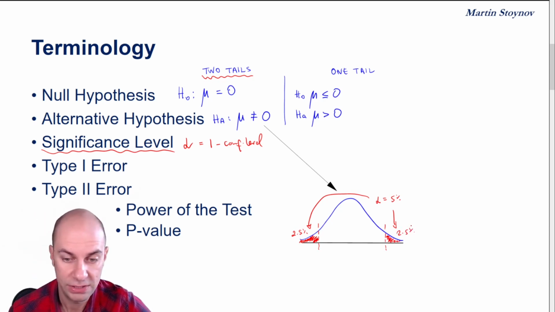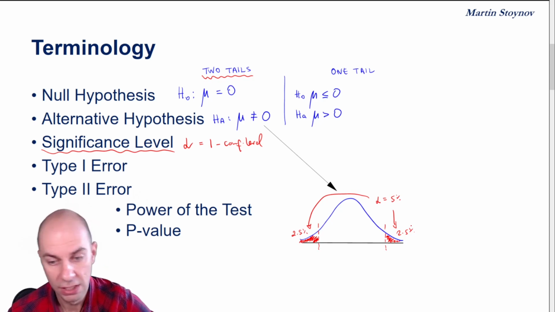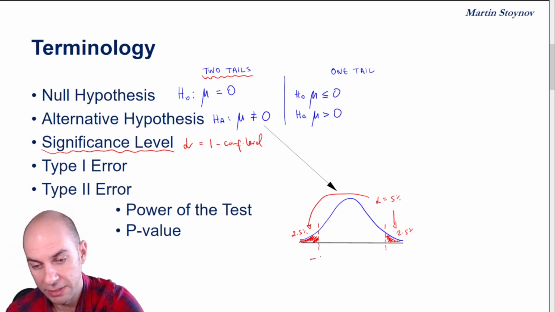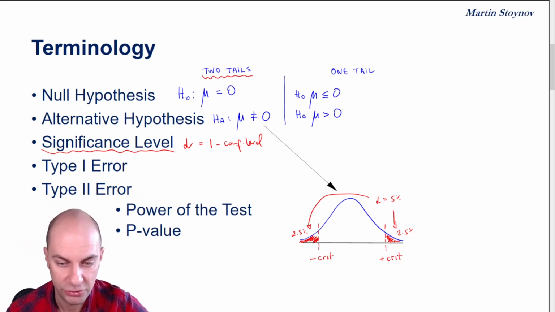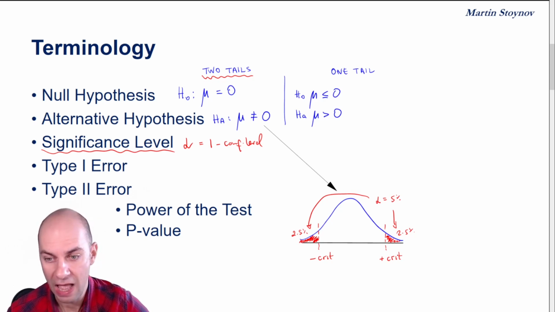And these tails, these probabilities, will then determine my left critical value, which is the negative critical value typically, if we're using the Z or the T, and the positive critical value is to the right, but they are symmetrical, right? And they're going to be determined by the significance or by the confidence.